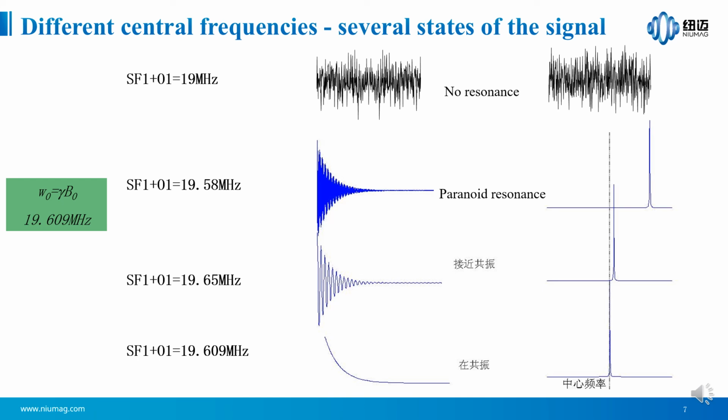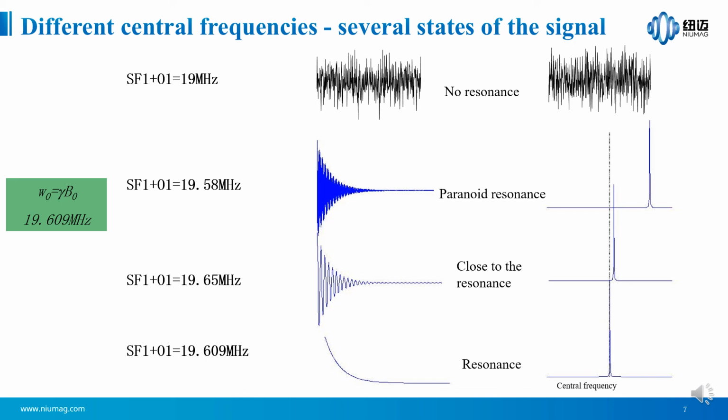First of all, the current main frequency of this device is about 19.609 MHz, assuming that SF1 plus O1 is set at 19 MHz.